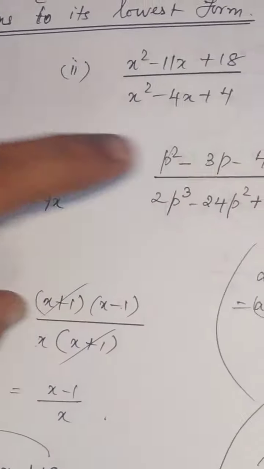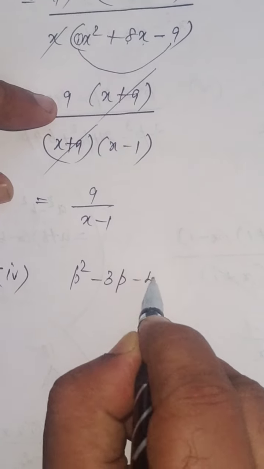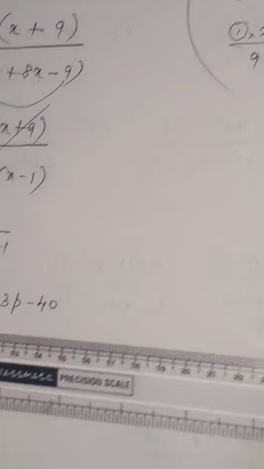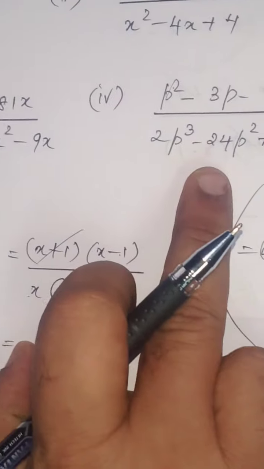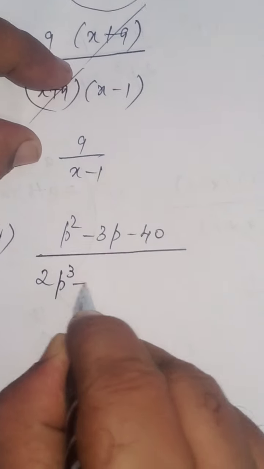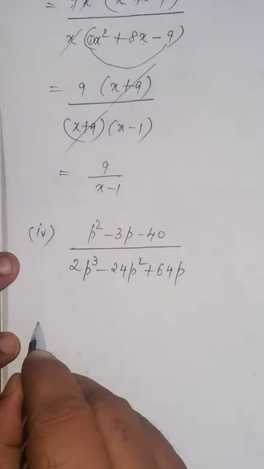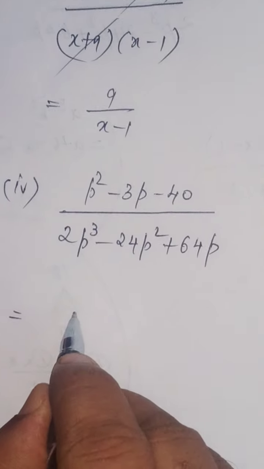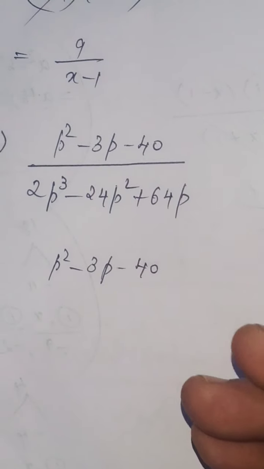P square minus 3p minus 40 divided by 2p cube minus 24p square plus 64p. The numerator, p square minus 3p minus 40, as it is.